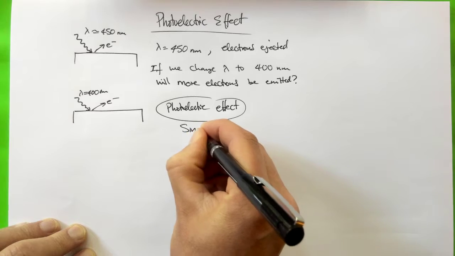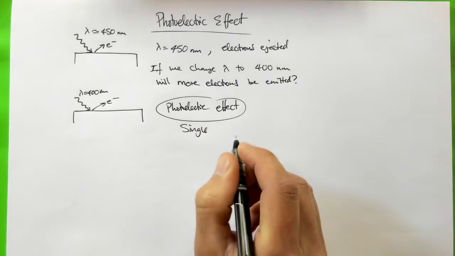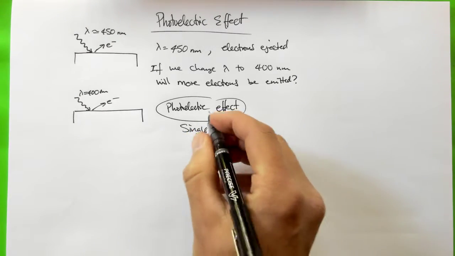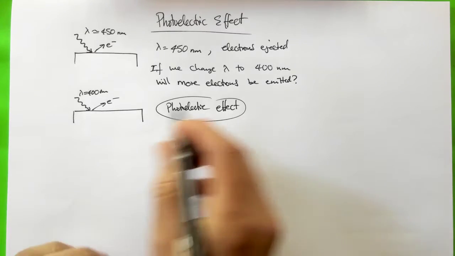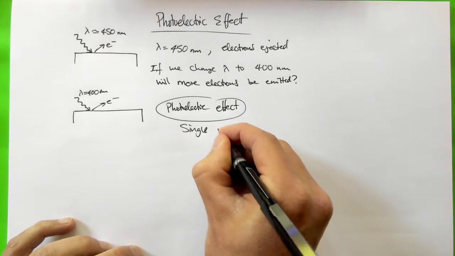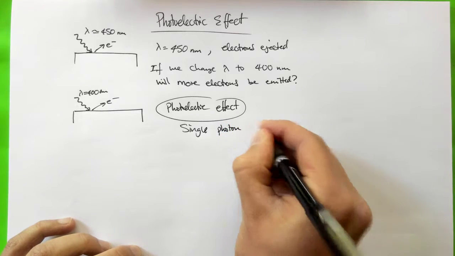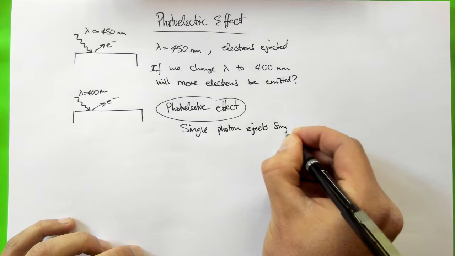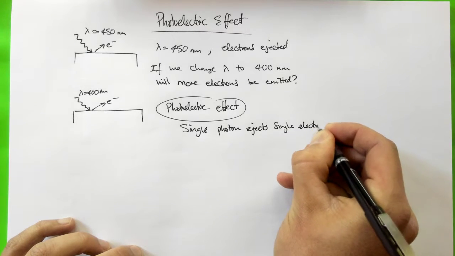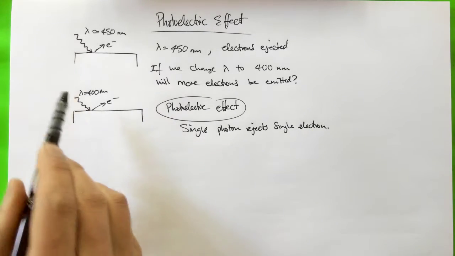In fact, this was the way that the existence of photons was first proposed, and this was the first evidence for their existence. It was published in Albert Einstein's famous paper written in 1905. So, single photon ejects single electron.